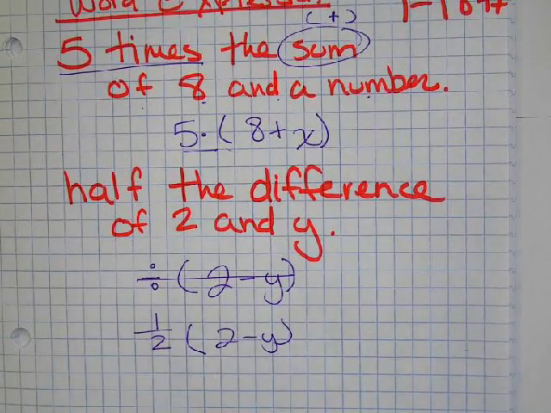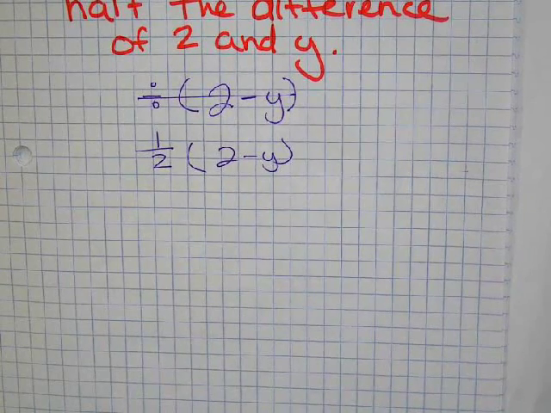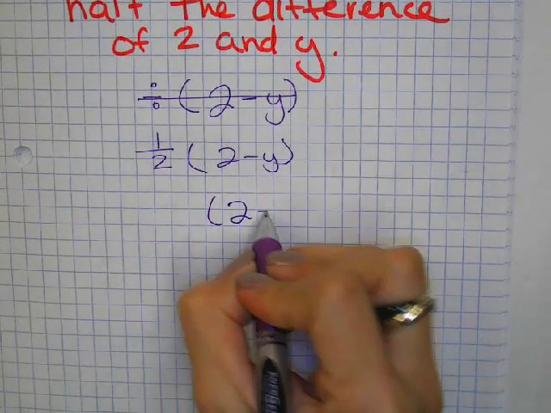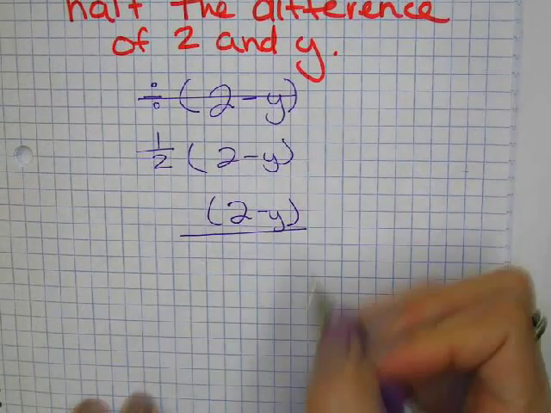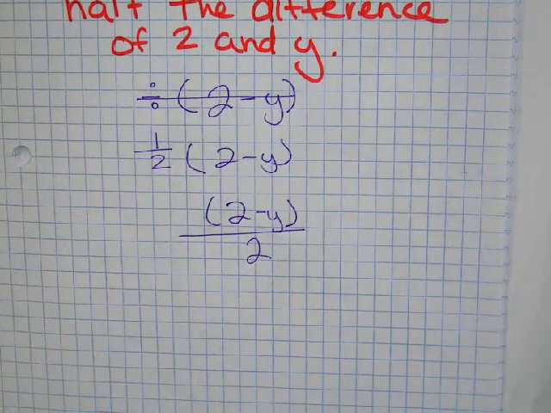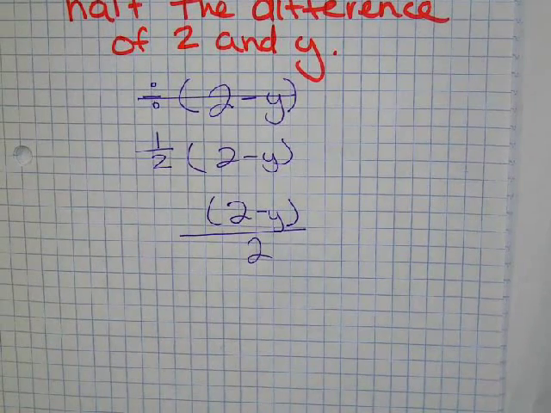Half is one half. You could also write it as, does anybody have a different way of writing this? You could also have it as 2 minus y, right? What does half mean? Half means to divide by 2. You could also have it like that. Okay? Any questions?